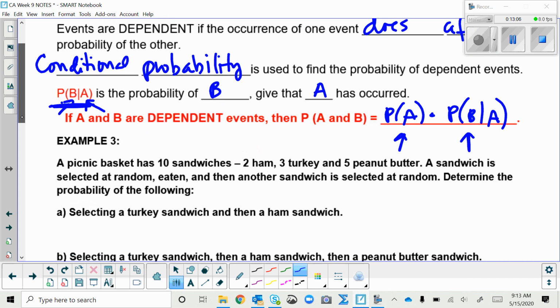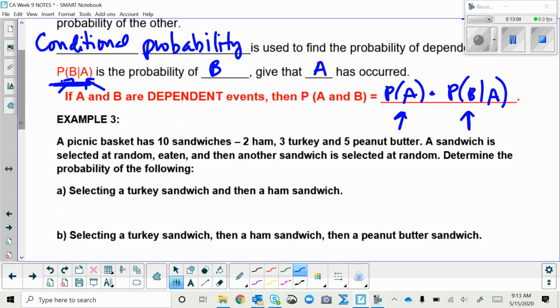So let's look at some examples. And we're still going to be multiplying those probabilities. So a picnic basket has 10 sandwiches, 2 ham, 3 turkey, and 5 peanut butter. A sandwich is selected at random, eaten, and then another sandwich is selected at random. Determine the probability of the following. Okay.